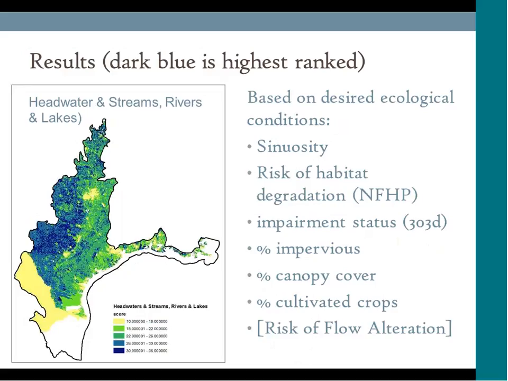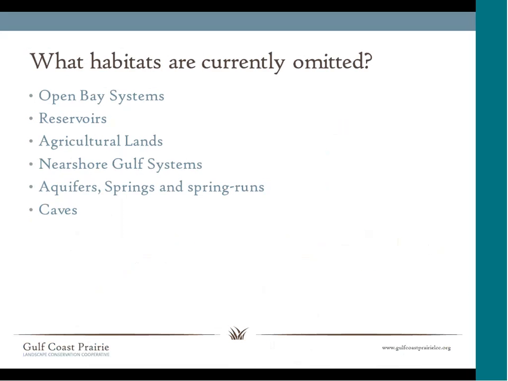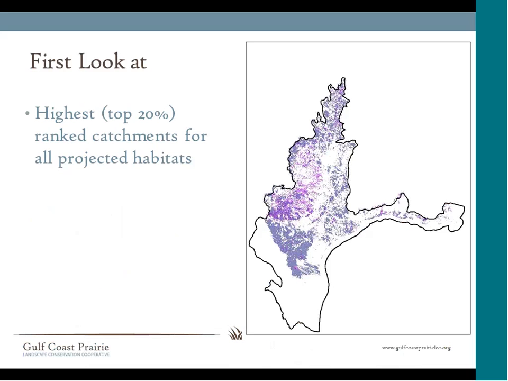So because it has so little developed land or impervious land, because those are pretty high sinuosity and have a low risk for degradation, those products combined are really driving that. But primarily it's the shrubland, grassland.